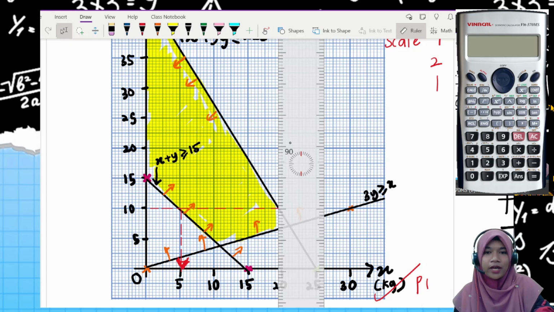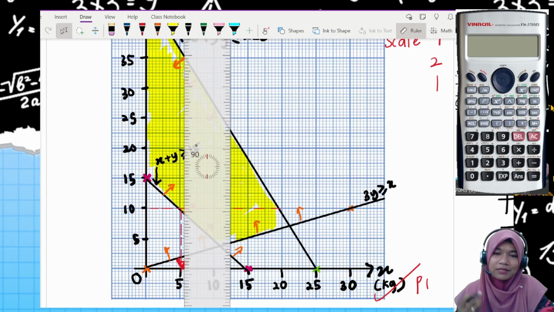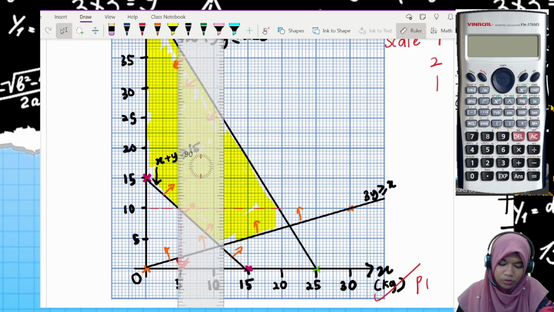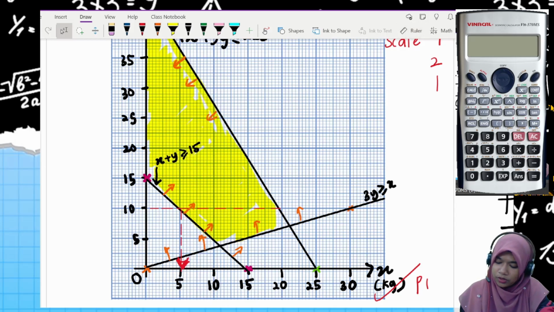Which value do you take? You take the smaller one. Why? Because he wants the maximum value of the remaining allocation, the balance left after he spends the most money. So the value of x is 5.